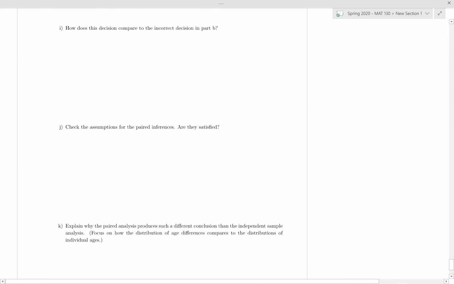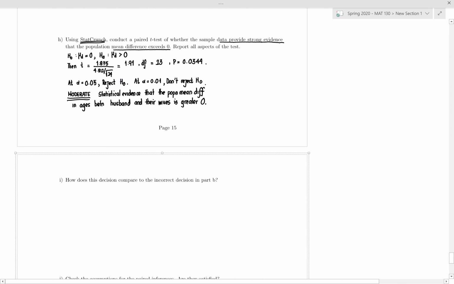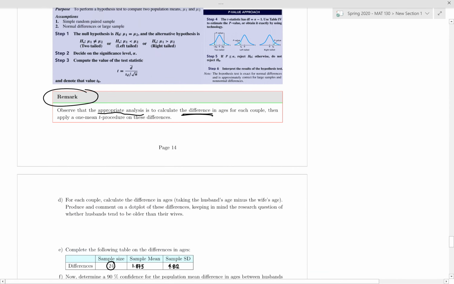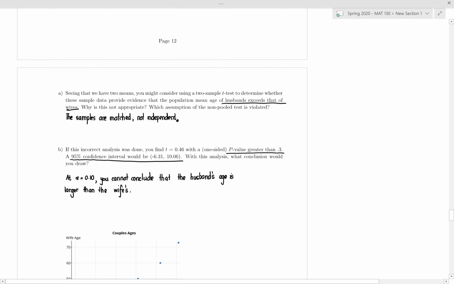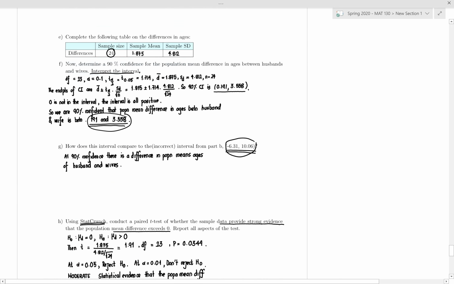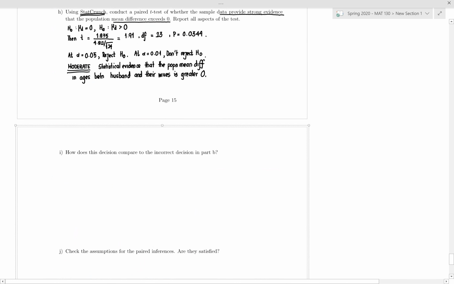So now the question is, we said that at the 5% significance level, we were able to reject H0. And remember, in part B, we said even at the 10% significance level, the p-value was greater than 0.3, so we could not reject the null hypothesis. So we are reaching the opposite conclusion compared to our incorrect decision in part B. In part B, we concluded that 0 was a plausible answer.